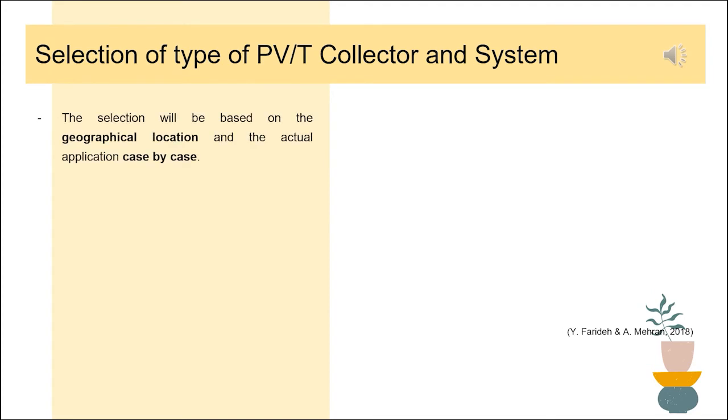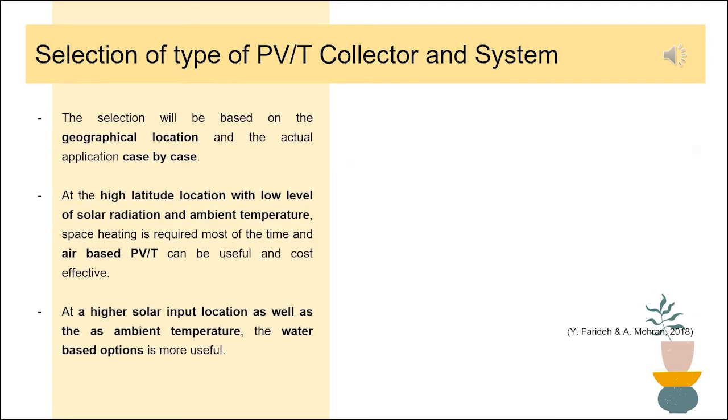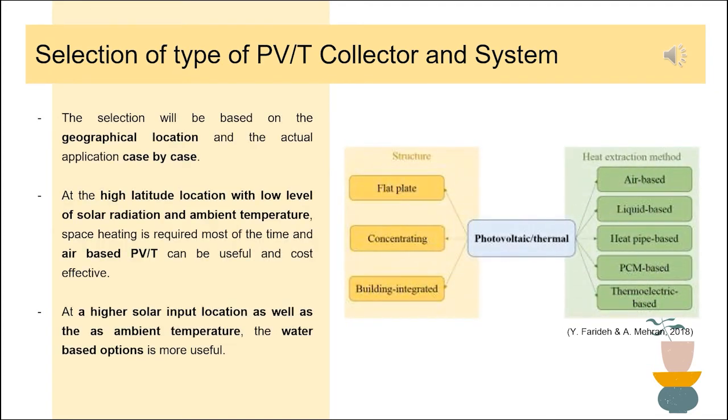Now, when it comes to the selection of which type of photovoltaic thermal collector and system is more useful and required, it mainly depends on the geographical location and is decided case by case. For example, in high latitude areas with low solar radiation and colder climates, space heating is required most of the time, and an air-based photovoltaic thermal system can be used and be more cost-effective.